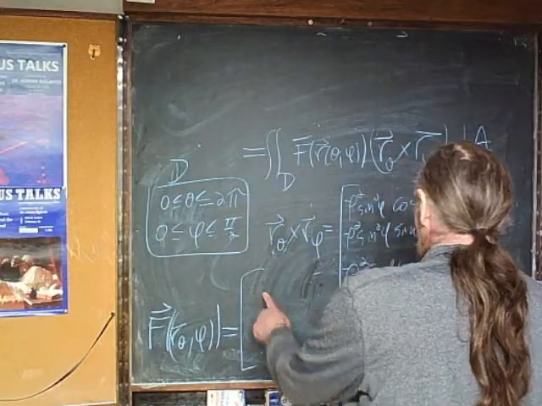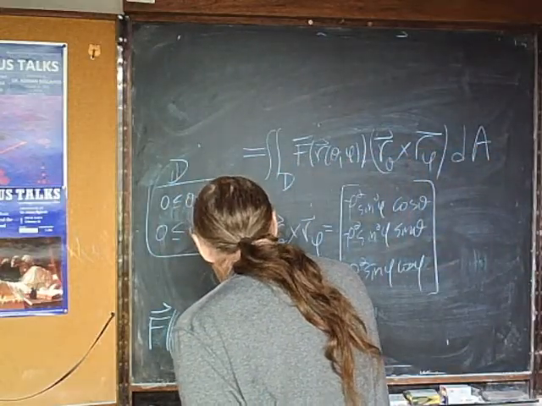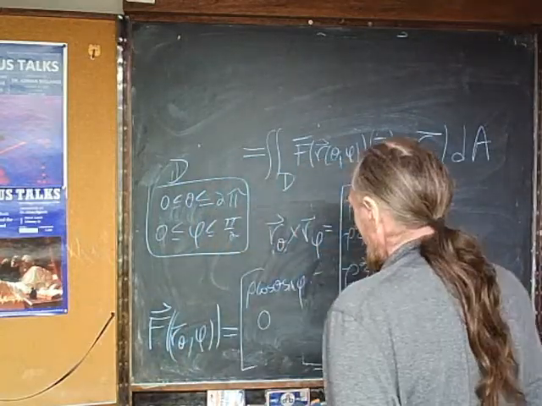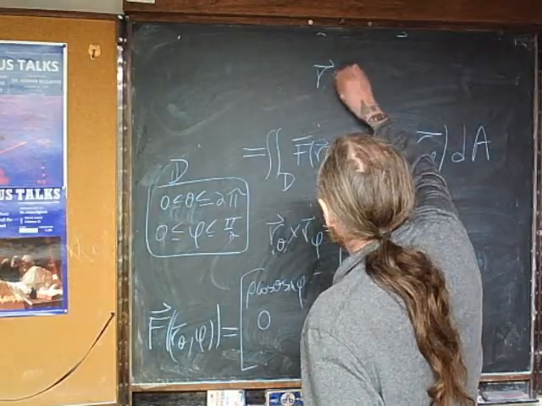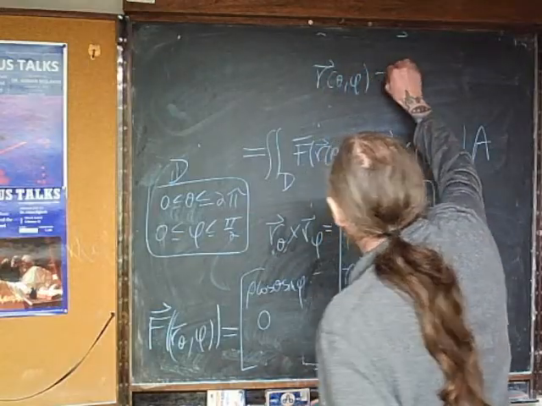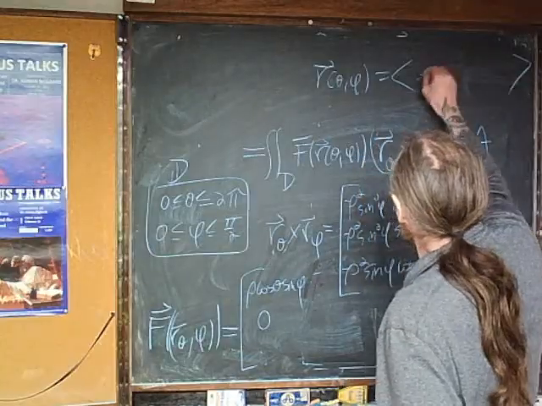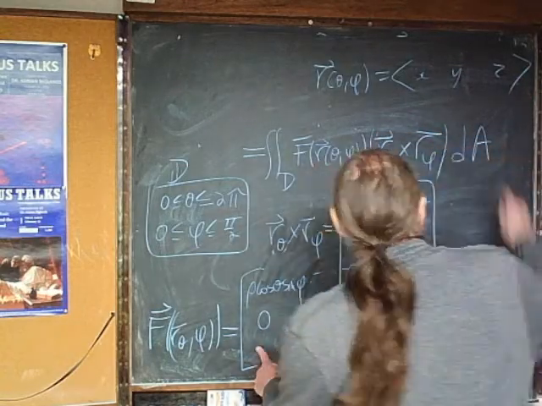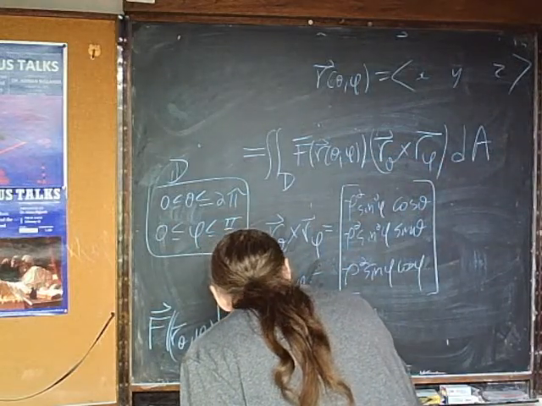And then x is just from my parameterization. Rho cos theta sine phi was my x, and my original r of theta phi was the parameterization of the sphere, x, y, z. And then I called it y, which will be rho sine theta sine phi.